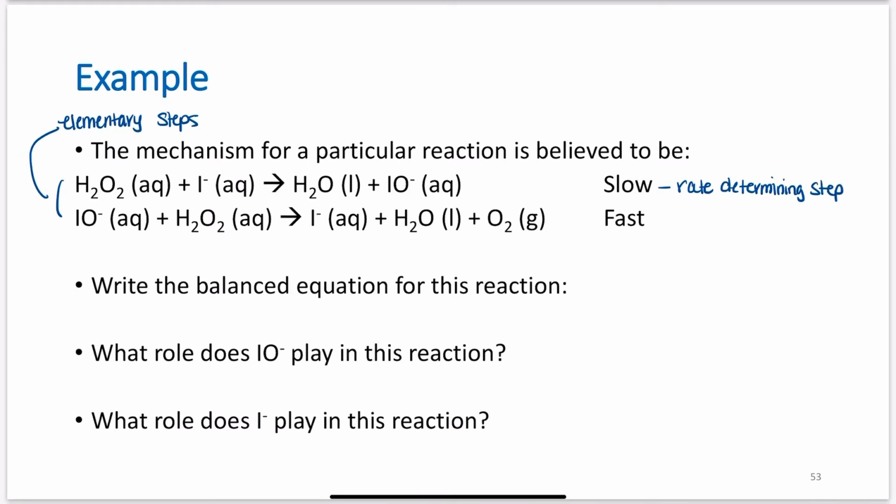Write the balanced equation for this reaction. Each of these reactions adds up to the overall balanced reaction. So I've got 2 moles of H2O2.